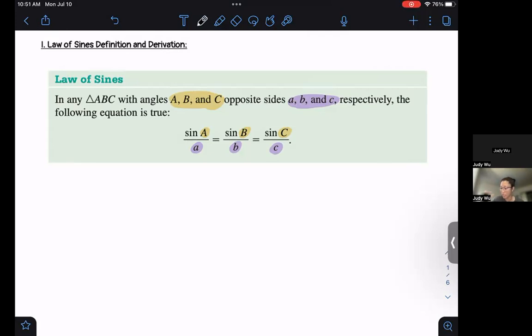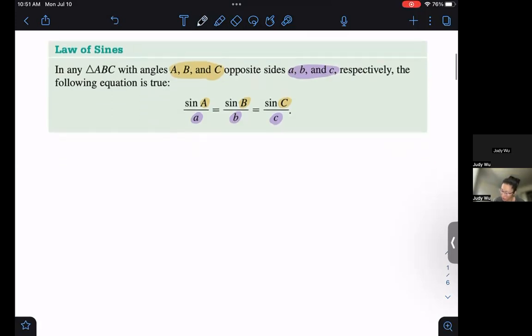So this is the definition of the law of sines, but where does this even come from? We're at a point in our mathematical career where it's important that we start looking at where these formulas come from. So I'm going to go ahead and sketch a triangle, and I'm going to make sure that it's not a right triangle.